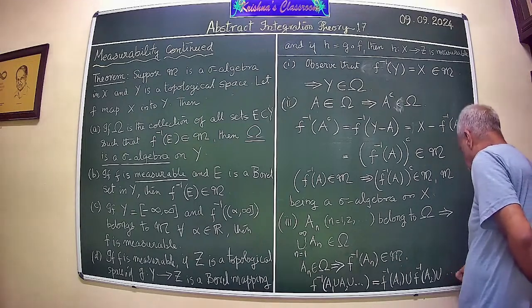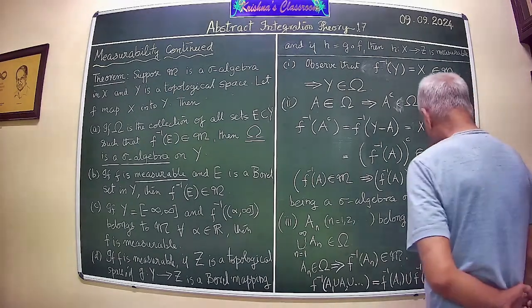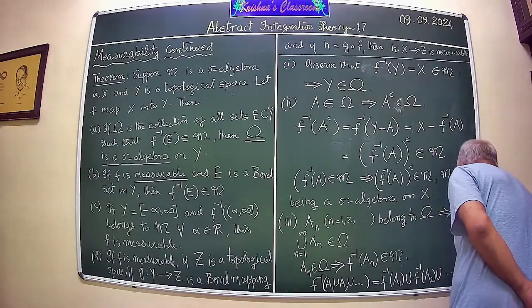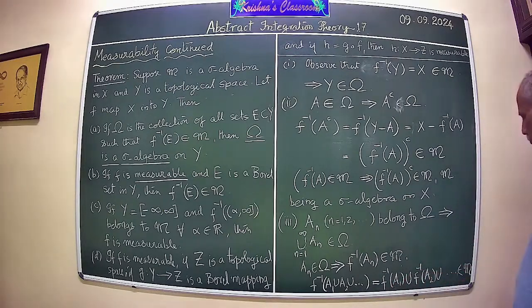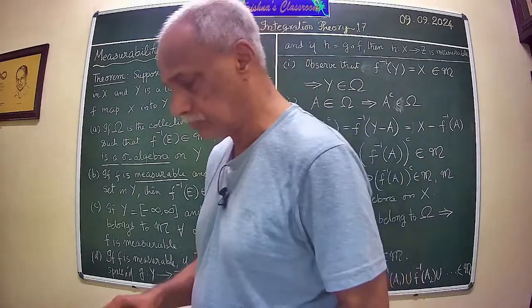Now each one of these is an element of M. Why does it belong to M? Each of these belongs to M. Therefore, their countable union is in M because M is a sigma algebra. So that completes the proof of this part. Okay.